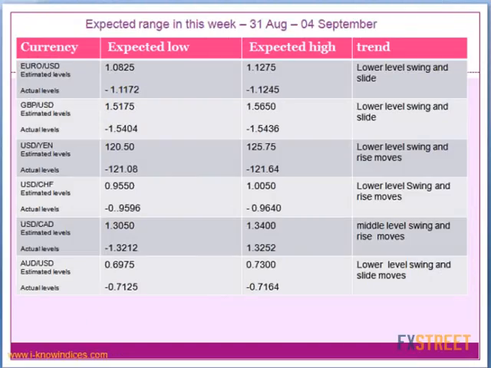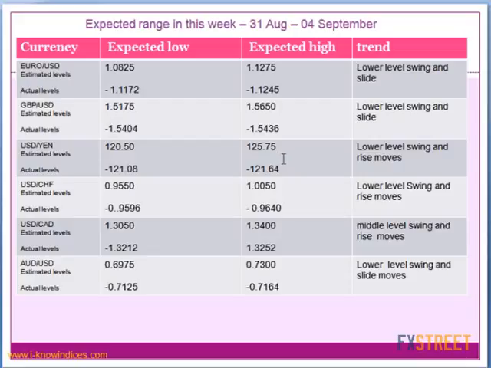Then coming to the ranges. Euro and GBP could quickly drop during this week. And probably the ECB press conference and non-farm payroll might be used as triggers for such drops.